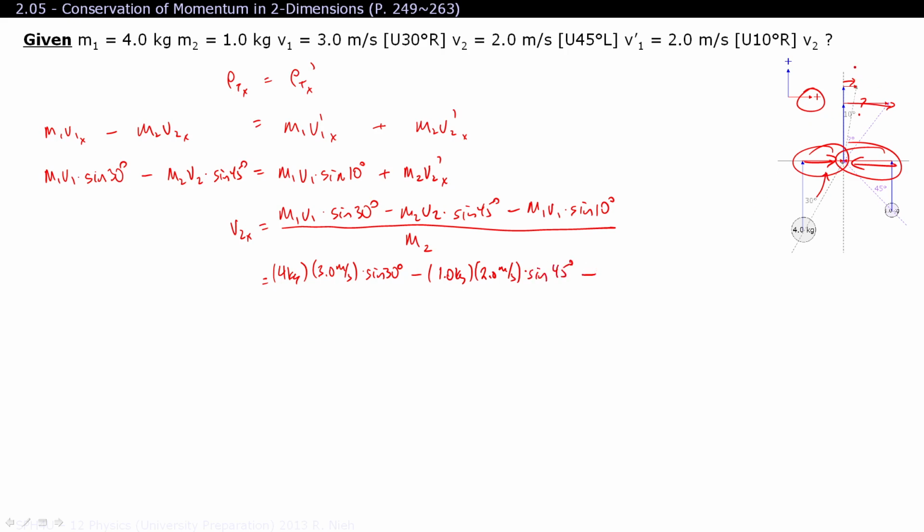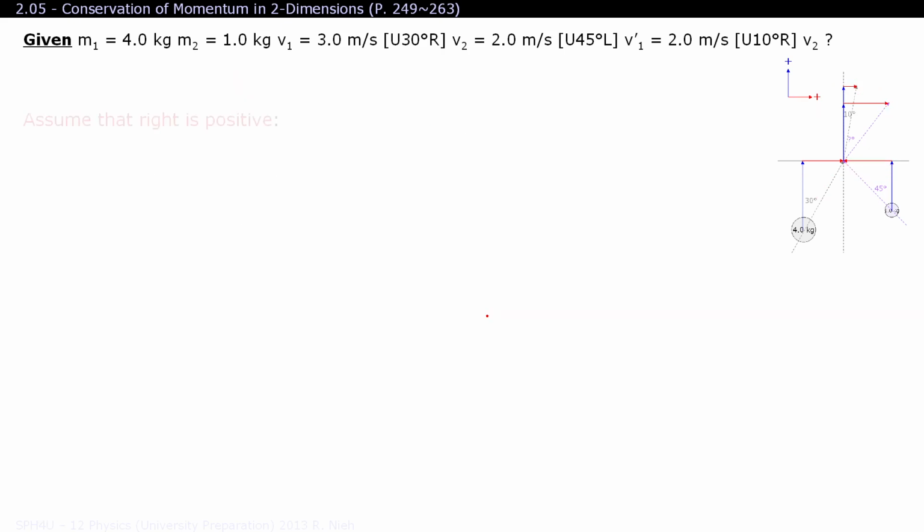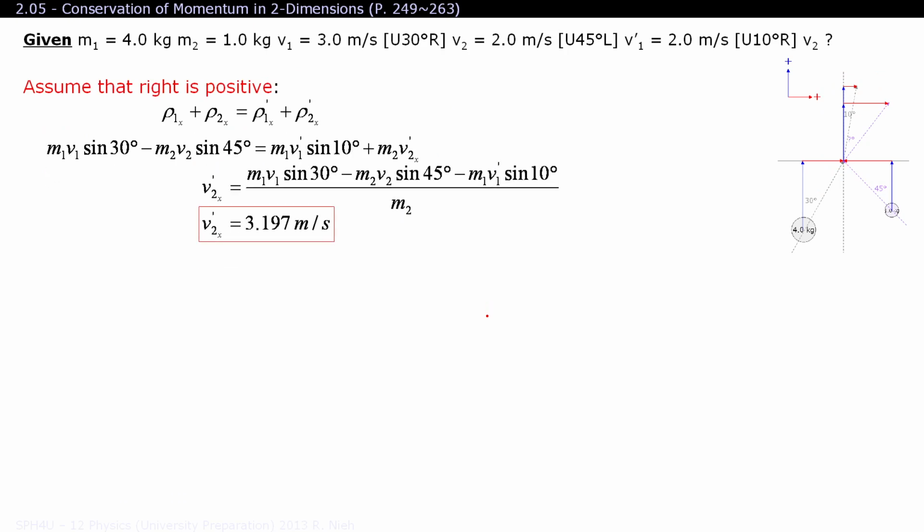And after the collision, even though it was moving to the right, we use a minus sign because we rearranged the equation. So subtract the first object's mass, 4 kilograms, and it's moving a bit slower now. Now it's down to 2 meters per second, but we do know the horizontal component, which is the sine of 10 degrees. We divide all of this by the mass of object number 2, and through the magic of PowerPoint, here's the answer.